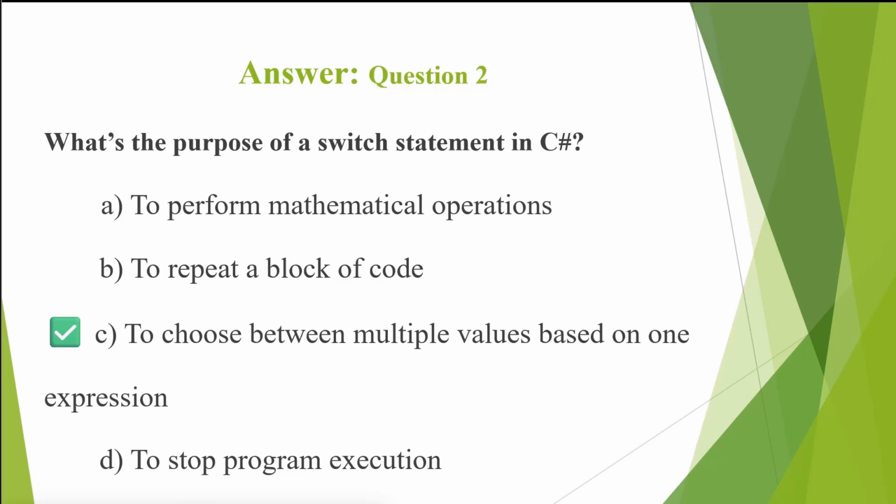If a match is found, the corresponding code block executes. If no match is found, the default case executes, if it's defined. So the correct answer is option C, to choose between multiple values based on one expression.